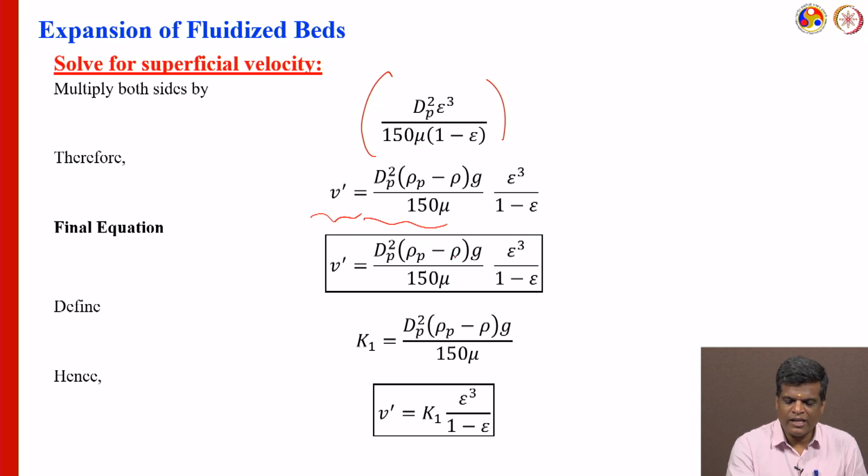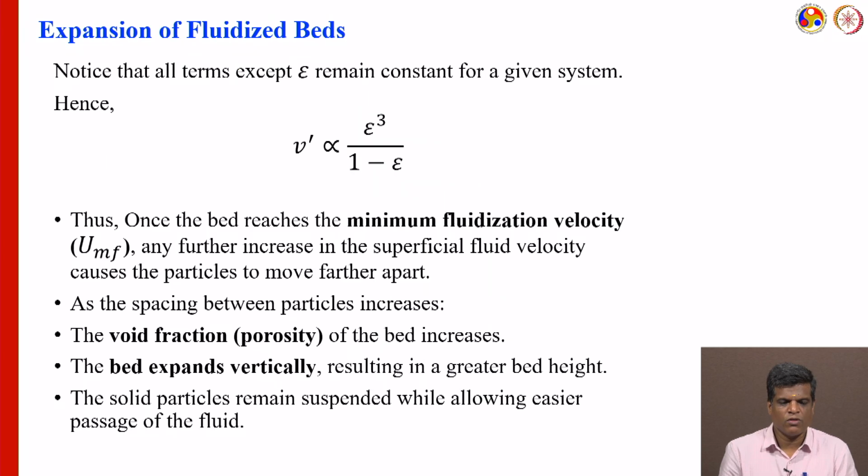Here, V dash can be written in terms of K1 by definition. Finally, V dash equals K1 times epsilon cubed by 1 minus epsilon.